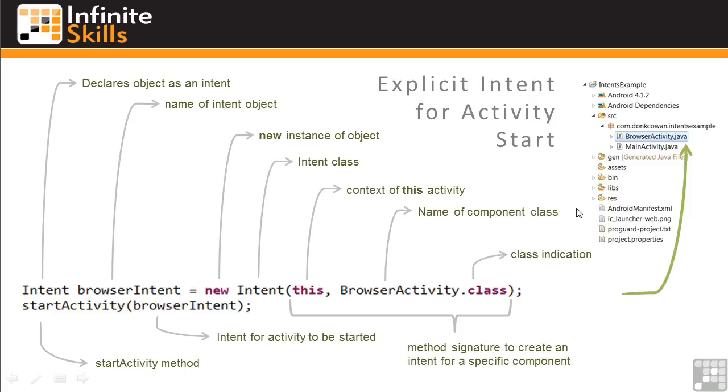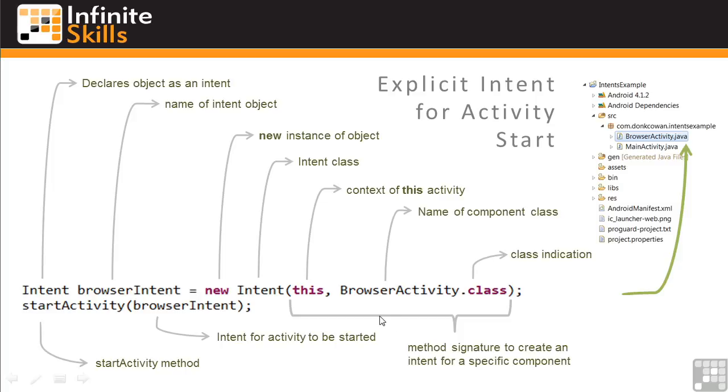Let's take a very close look at these two statements. The first statement creates a new intent object. On the left of the equal sign is a declaration for our new intent object we're calling browser intent. On the right of the equal sign is the code that actually creates the new object. It uses the intent class with a method signature to create an intent for a specific component.